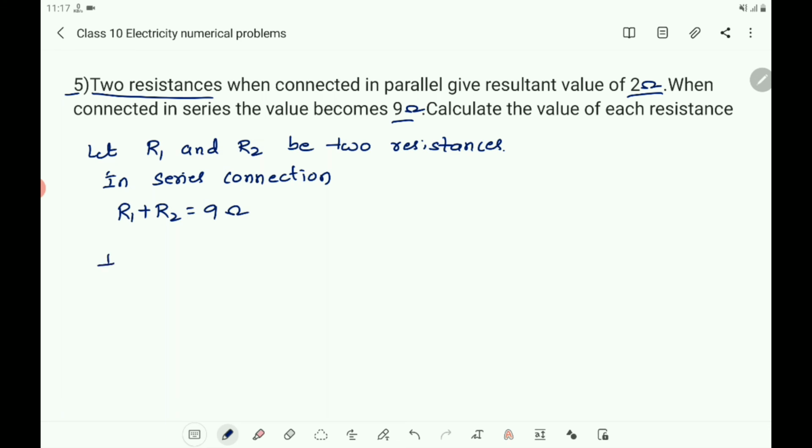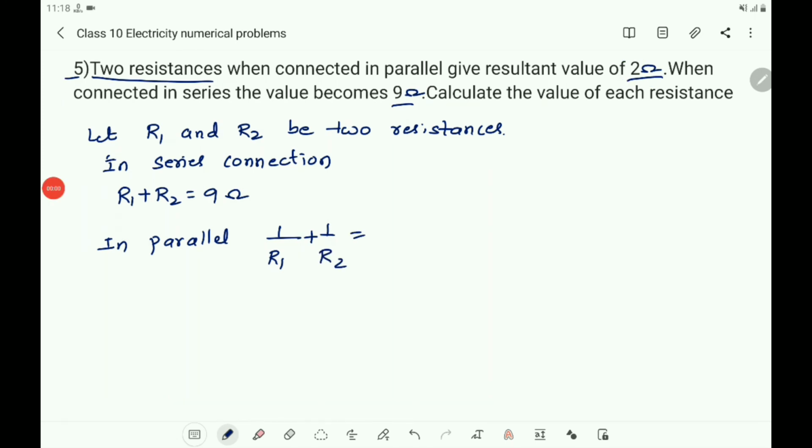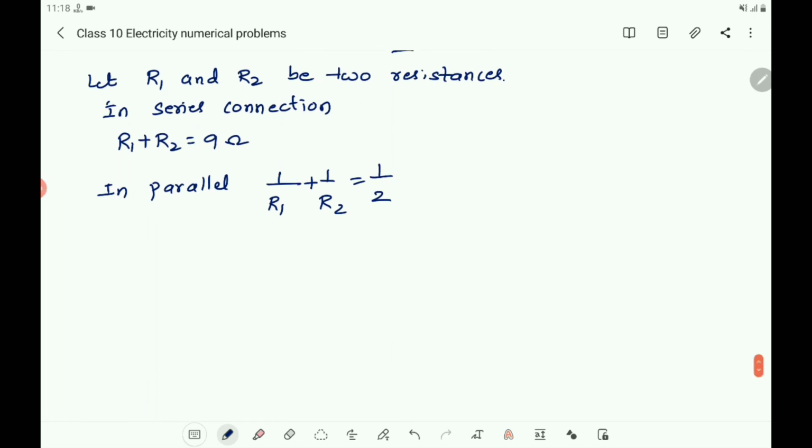In parallel, 1 by R1 plus 1 by R2 equals how much? Equals 1 by 2 ohms.